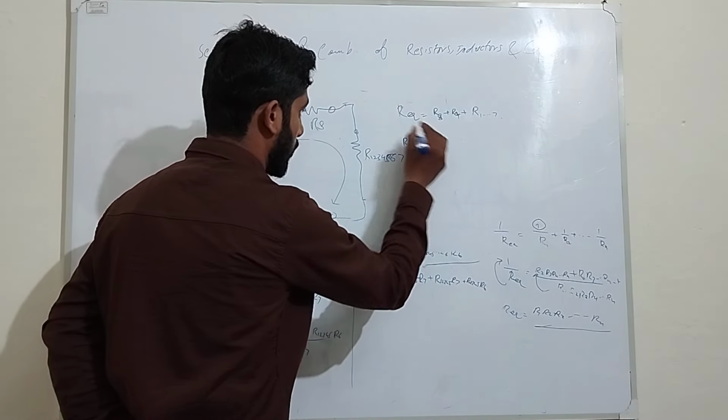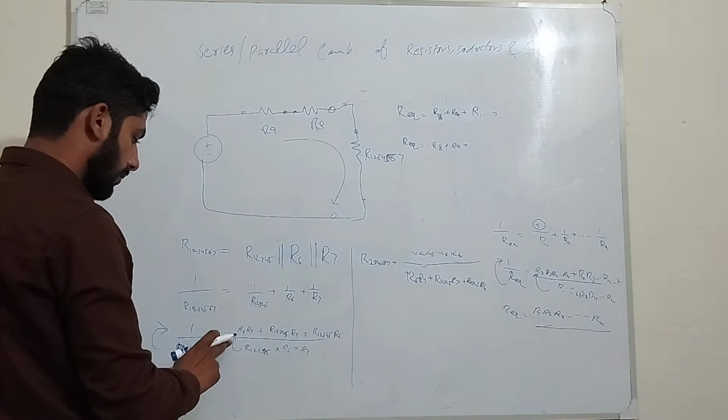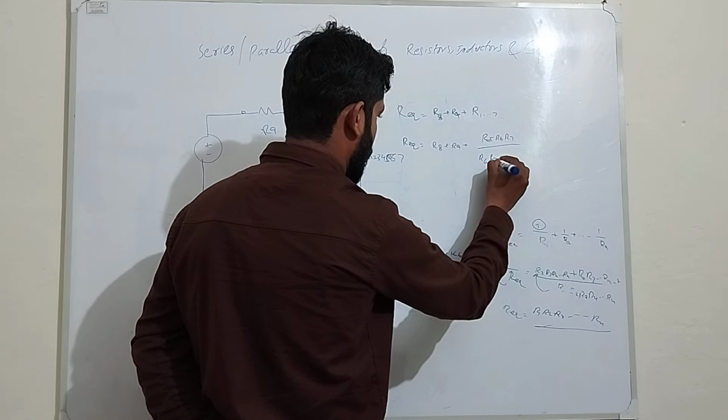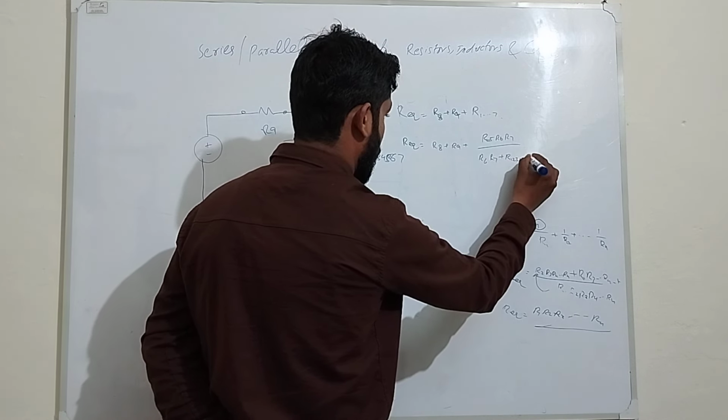So R equivalent will be equal to R8 plus R9 plus R12345 R6 R7 divided by R6 R7 plus R12345 R7 plus R12345 R6. It will be my equivalent resistor. Go back and put the value of R12345 here and you will evaluate the final resistor.